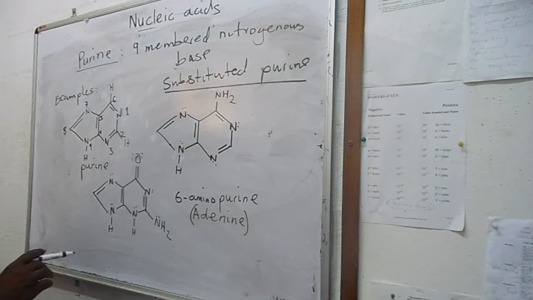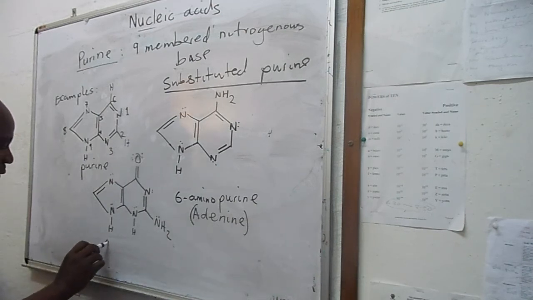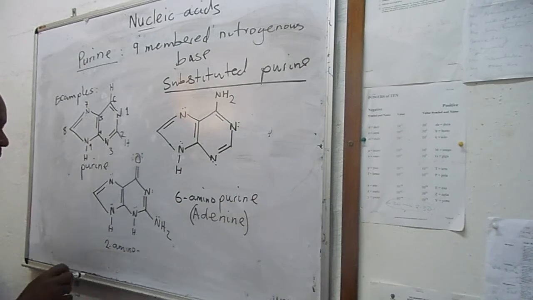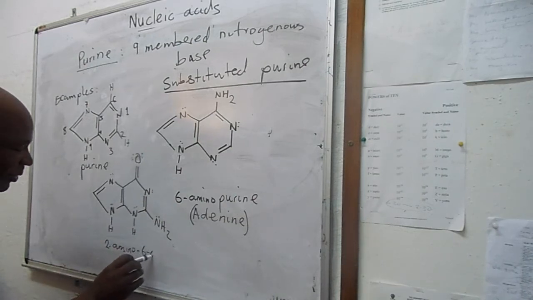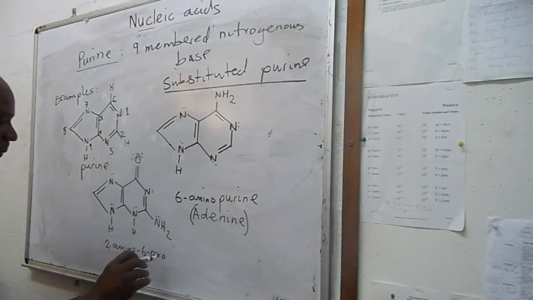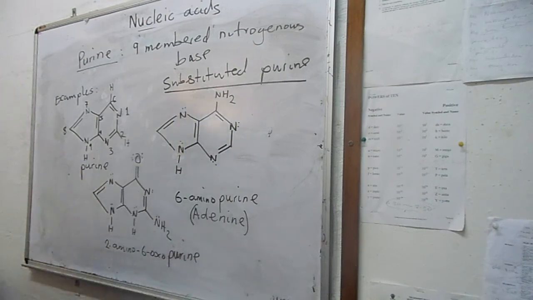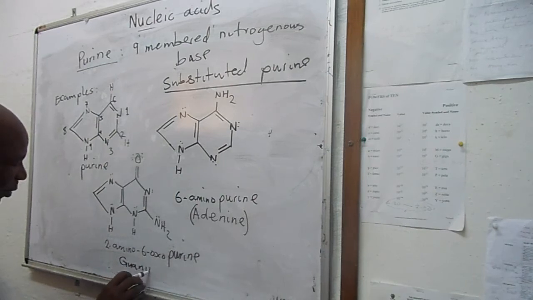So what have we done? At position number 2, we have introduced an amino group. At position number 6, we have introduced an oxo group. The parent is purine. That's the IUPAC name. This is called guanine.